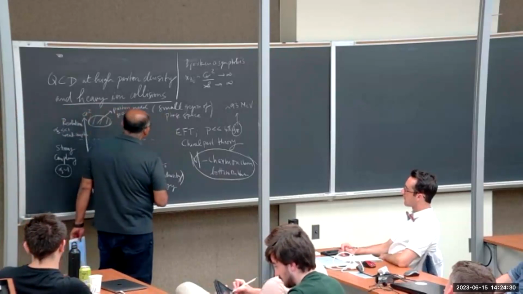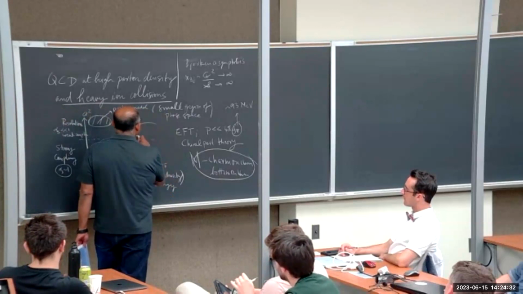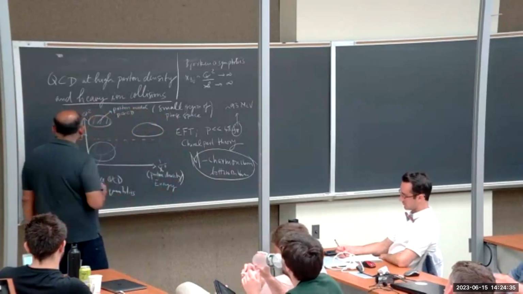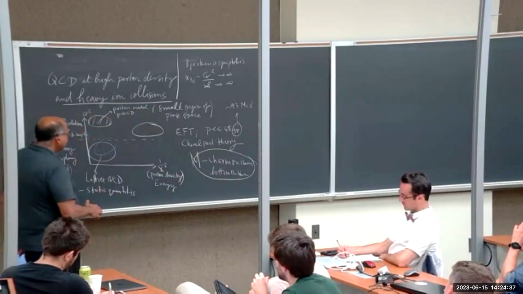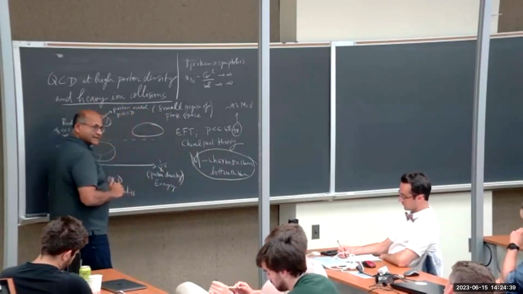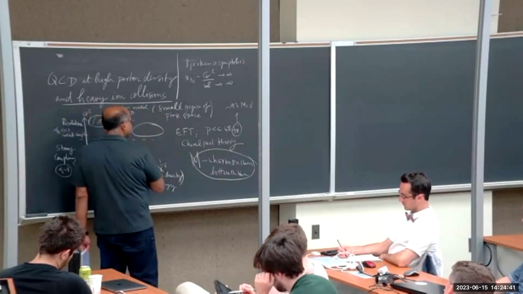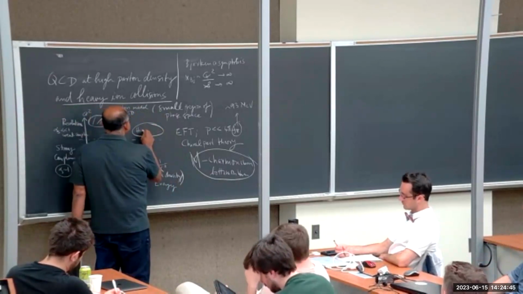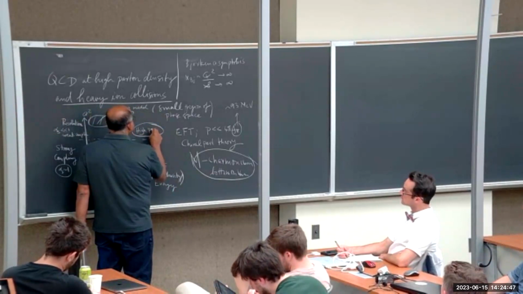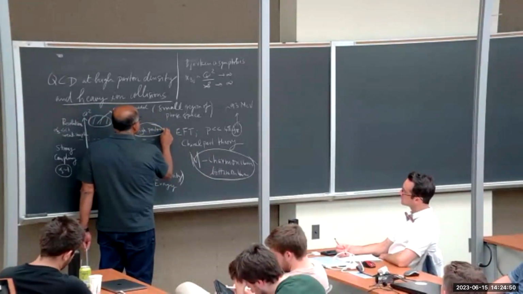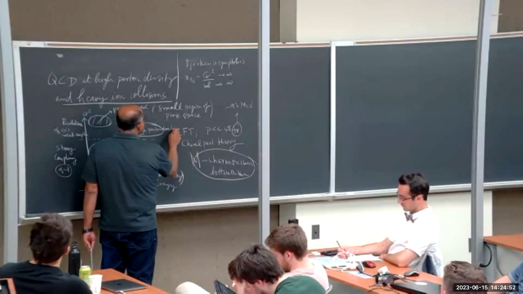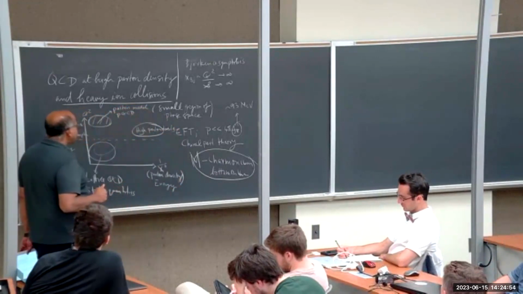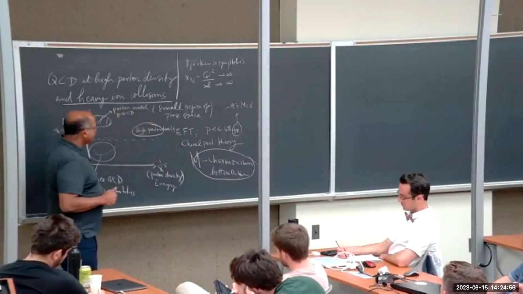But what I'm talking about is really a regime that sits here. And that's a regime at small x. And I'll specify more what I mean. So that's the regime, and I'm going to call that high parton densities as a shorthand. High parton densities.